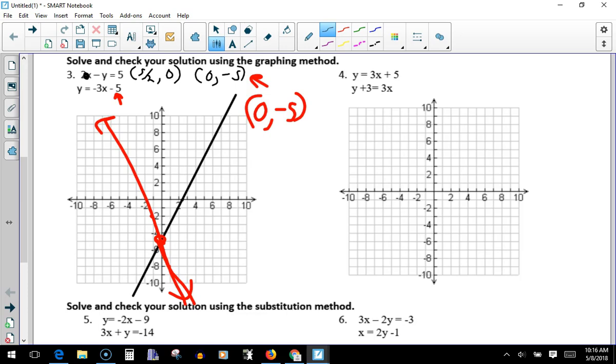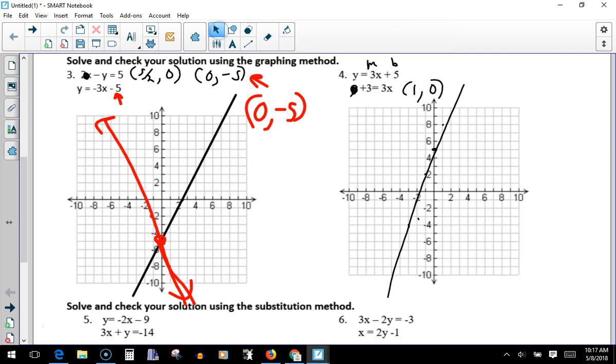Okay, 3x plus 5. 5 is the y-intercept. Remember, this is M and this is B. B is where we begin. M is how we move. So up 3, right 1, down 3, left 1. Okay, and then if I do the cover-up method, if I cover up my y, I get x is 1.